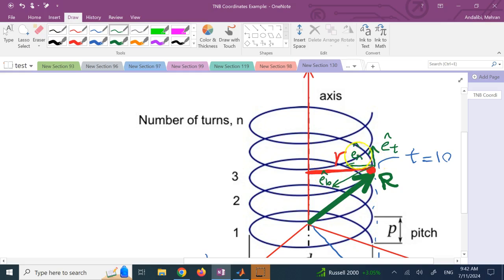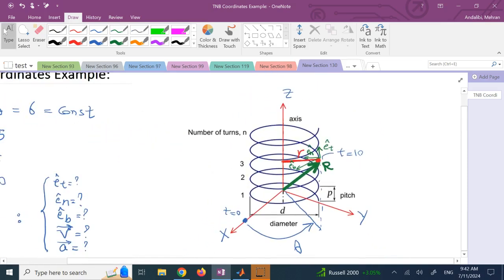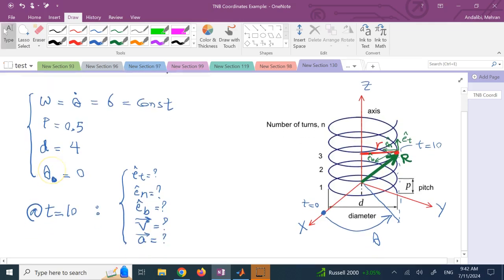So we want to find these three unit vectors, also velocity and acceleration. And if you remember, velocity is only along the t direction. Acceleration can have a t component and an n component, we call them at and an. And so here we want to find all of this for this problem, and we're going to use MATLAB to help us. So how do we approach this?